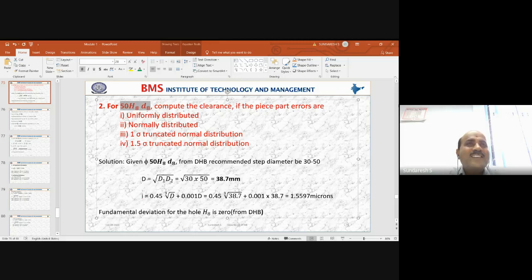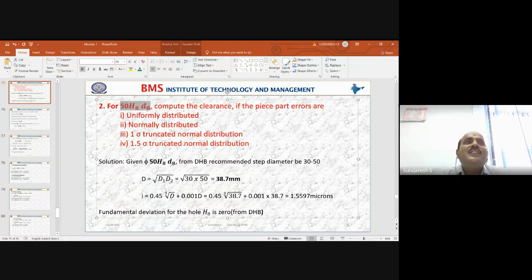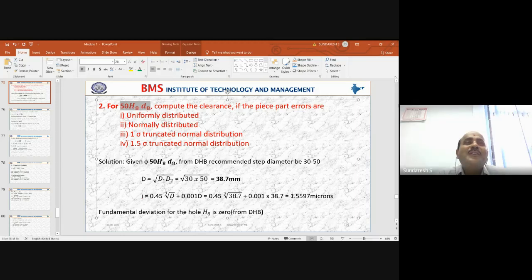No. 50 H8 and D8. Definitely you might have studied, you might have solved many problems on this kind of thing. Sukrut, could you recall? No, sir. Danush? No, sir.